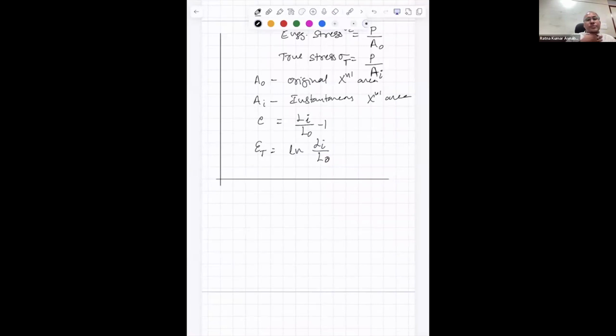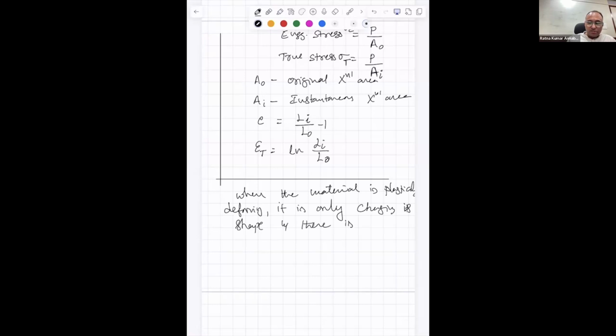Now what happens is, when the material is plastically deforming, it is only changing its shape, and there is no volume change.